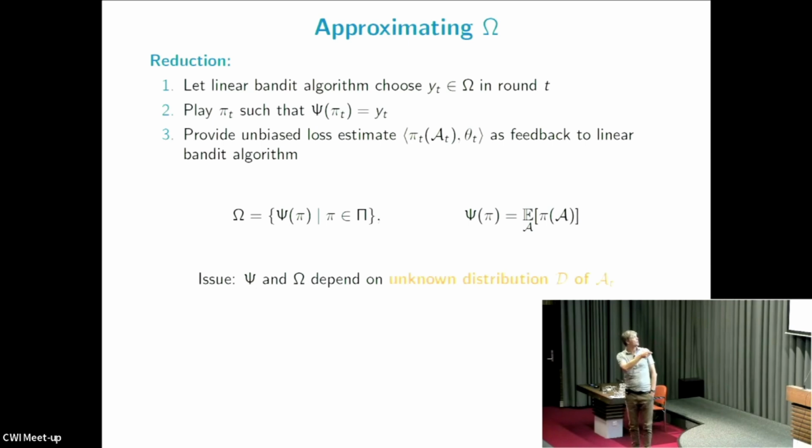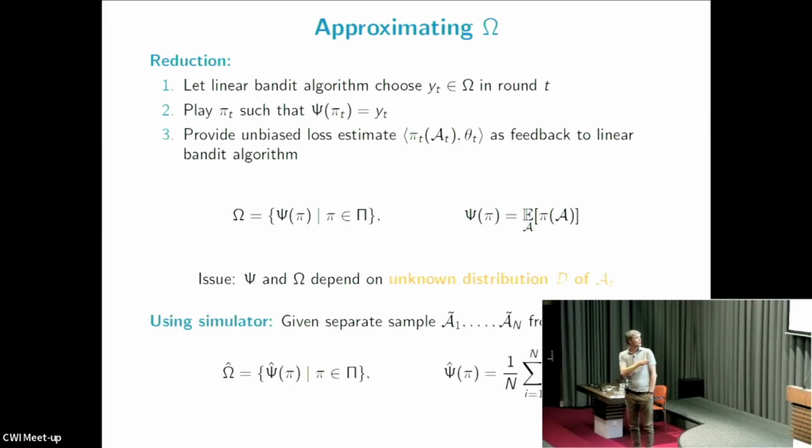We have some linear bandit algorithm. This is just the reduction from the previous slide. My plan is to replace this ψ mapping by a ψ hat, which I estimate based on a separate sample of action sets. So independent of the whole game that I'm playing in, I assume I have n samples of action sets, and I replace the mean action by its empirical mean.